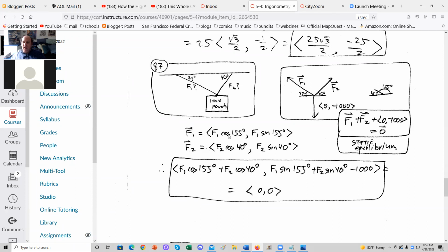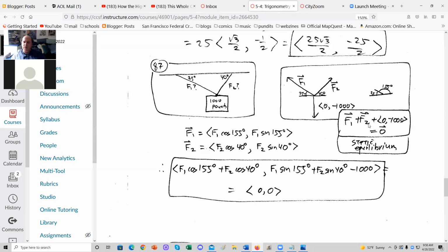And let's see, F1. Well, okay, 25 degrees to the left, that means 155 degrees from positive x-axis. So F1 is F1 cos 155 by F1 sine 155. F2 is at a length of F2 with an angle of 40 degrees from the positive x-axis. So F2's components are F2 cos 40 by F2 sine 40.